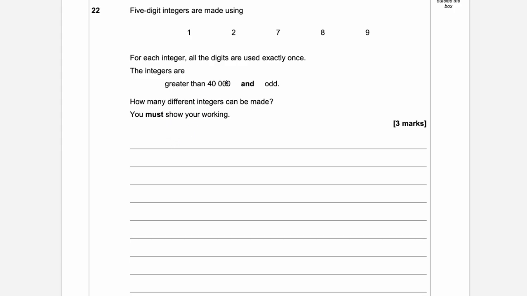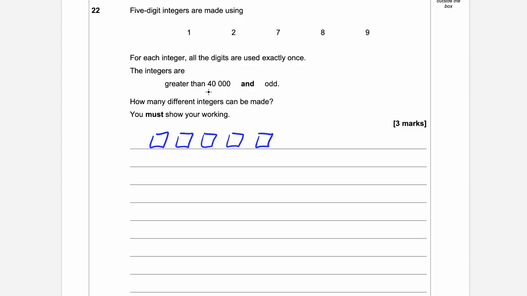Okay, so bigger than 400,000, I'm going to have five boxes. How many digits can go in the first one? Well, it has to be the 7, the 8, or the 9. So in there, I can only put 3.